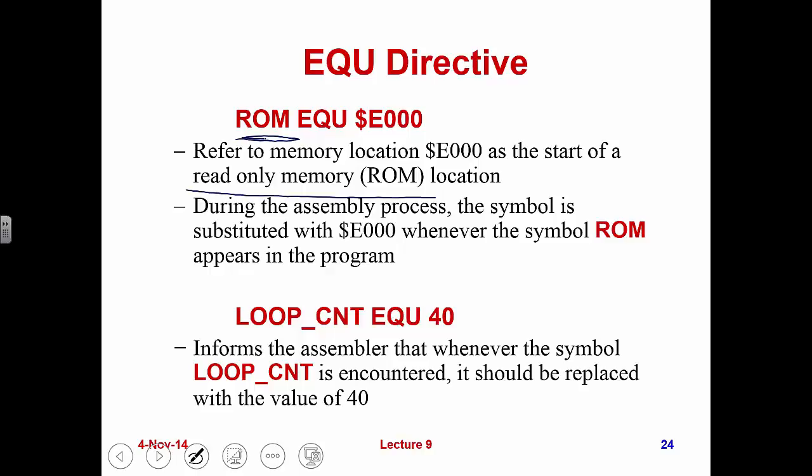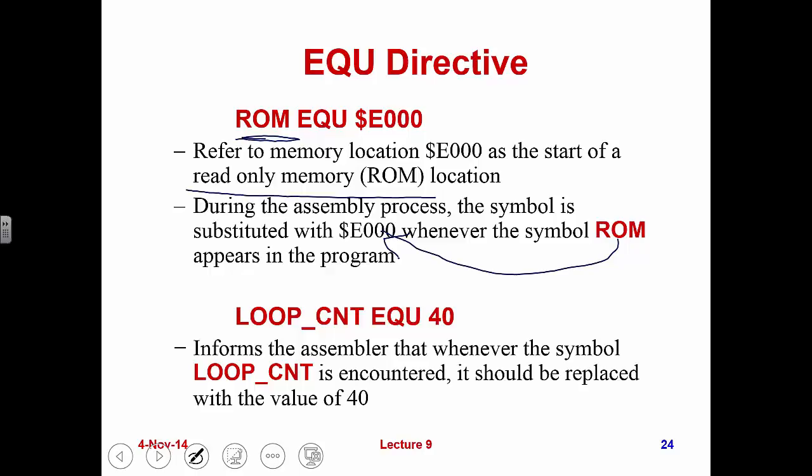Then in this case, the programmer does not have to remember the value of ROM, because you already assigned it to ROM. You simply call ROM. You don't have to remember E000. If you only have one label, it's easier to remember. But if you have 50 or 100 symbols, it will not be easier to remember the corresponding values.